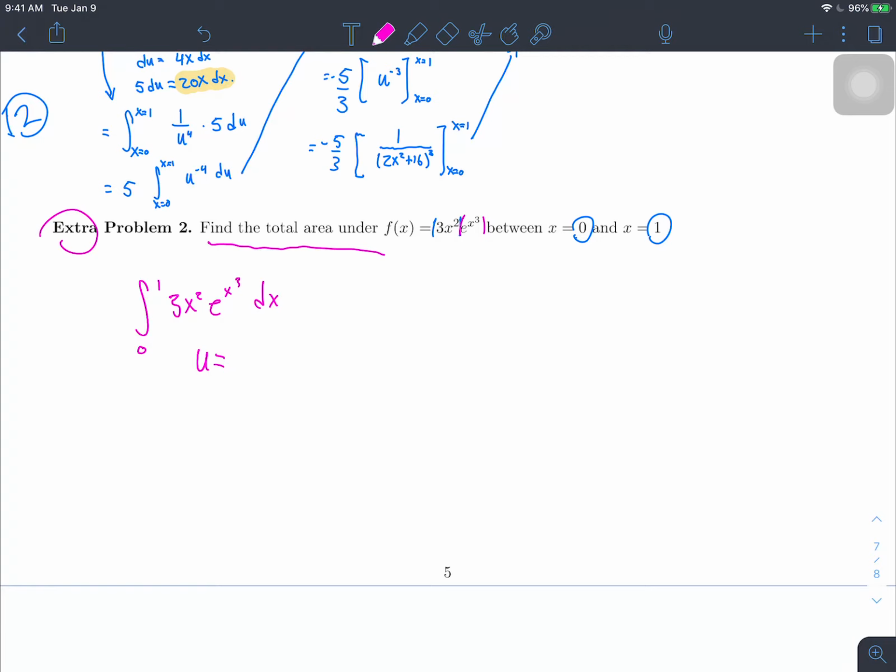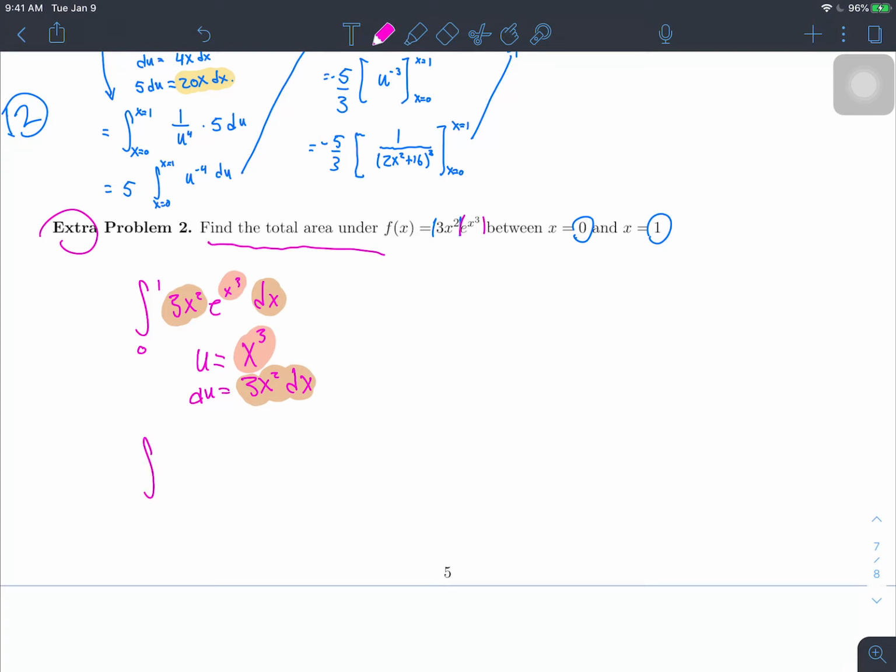Very good, x cubed. And du will be 3x squared dx. And stroke of luck, we don't need to play with the constants. We've just got 3x squared dx right there. And then u is x cubed, and that's just right here.